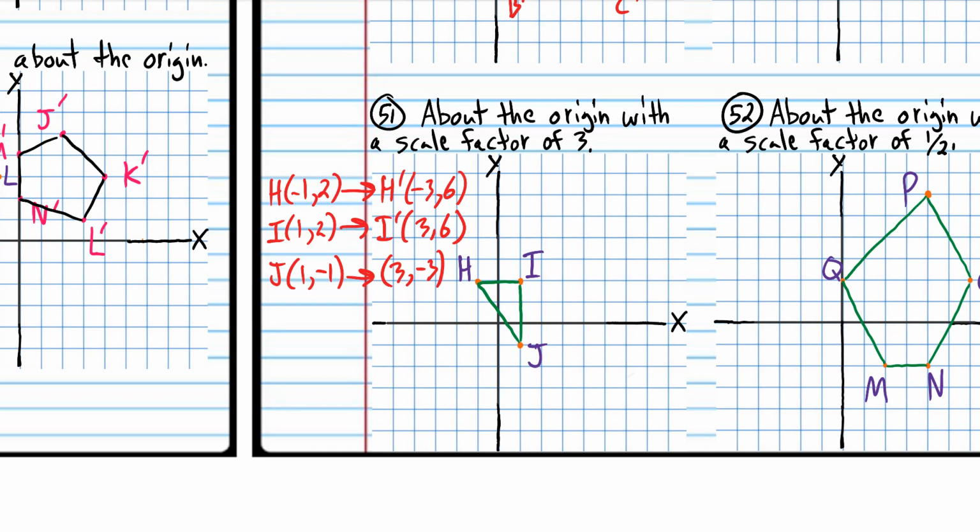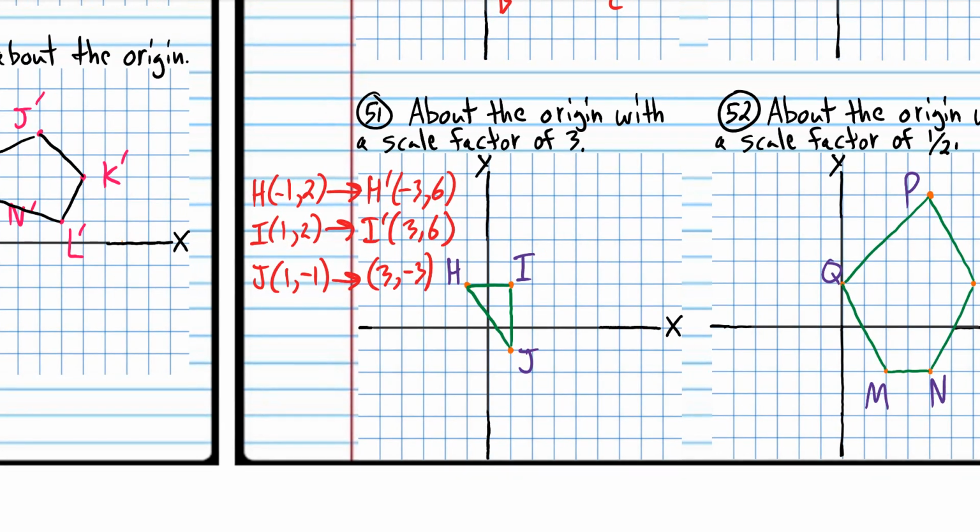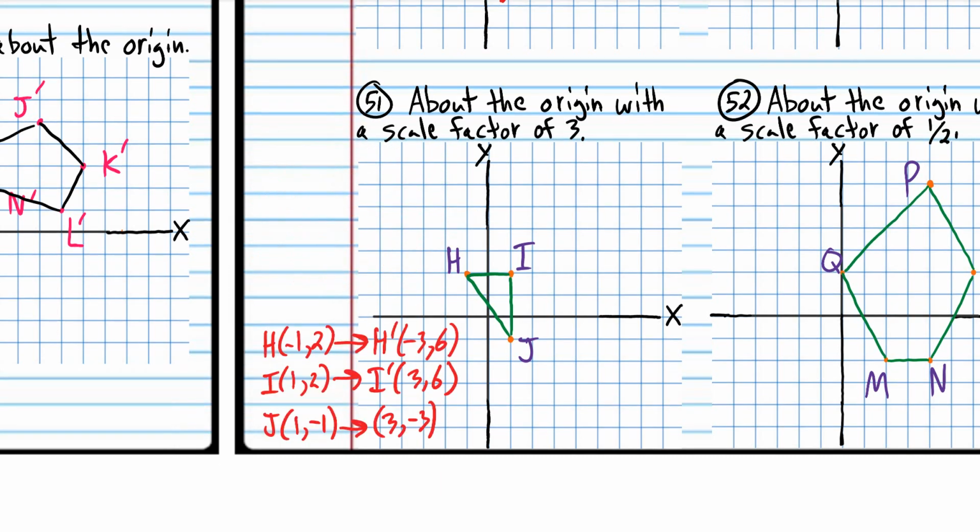Let's go ahead and plot those points. -3, 6. I have to shrink this stuff and bring it down. So -3, 6. That is H prime. And 3, 6. That is I prime. And 3, -3. That is J prime.